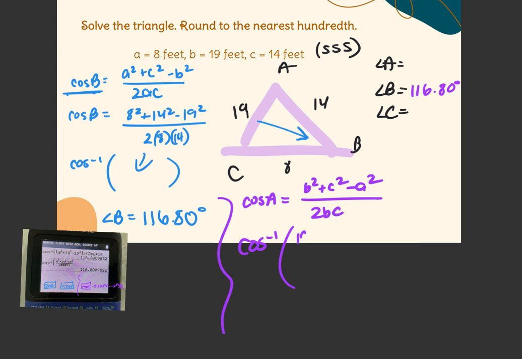B squared, which is 19 squared. C squared, which is 14 squared, and A squared, which is 8 squared, over 2 times 19 times 14. And same thing, do it all at once. Just watch your parentheses. So cosine -1, and either do the fraction or the parentheses.